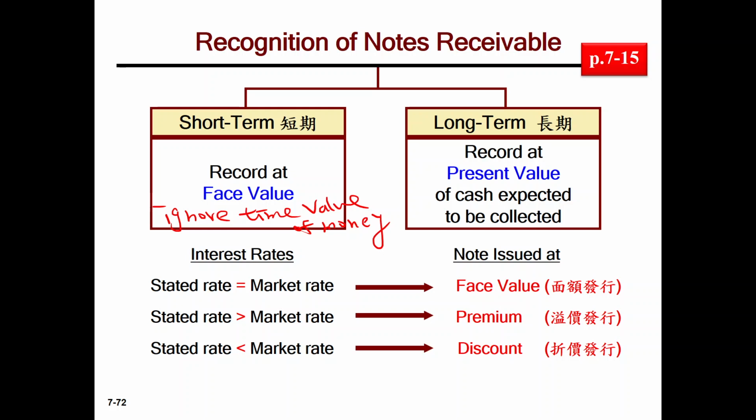So we have two. What's the first? Stated rate, right? Contractual interest rate. If you still remember, contractual rate plus discount or premium, this is your second cost of borrowing.